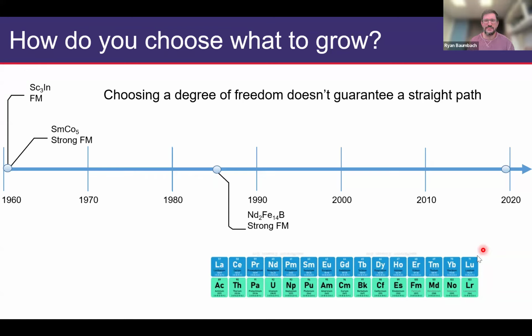A good example of that is seen in the history of rare earth compounds. This stretches back to the 1960s and even before, and I absolutely won't capture the entire history, but one thing that's true is that starting from the beginning, part of the interest in rare earth elements was to develop better magnets. That's choosing a degree of freedom and pursuing it.